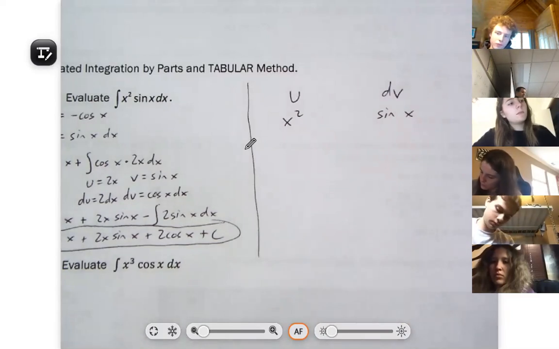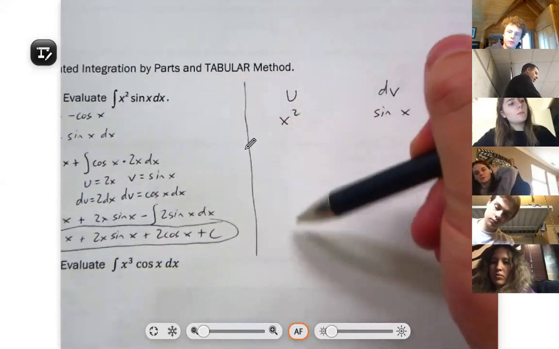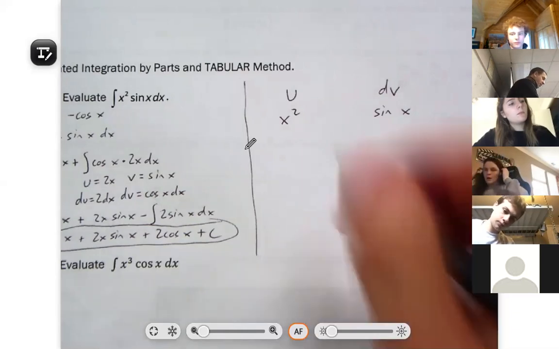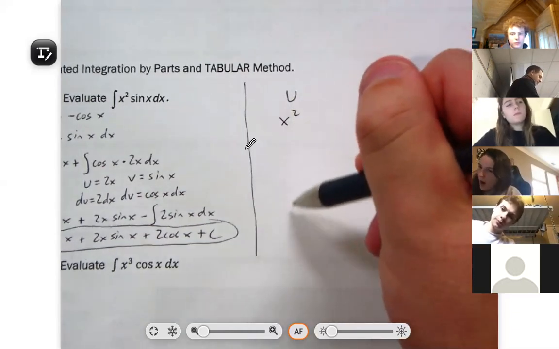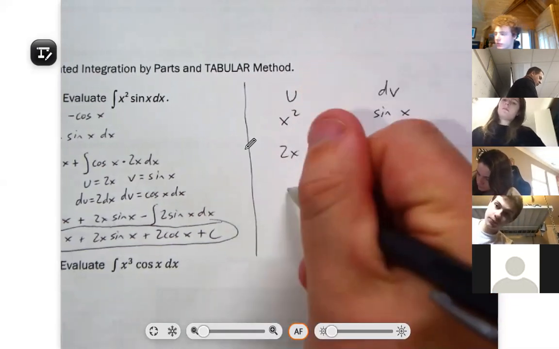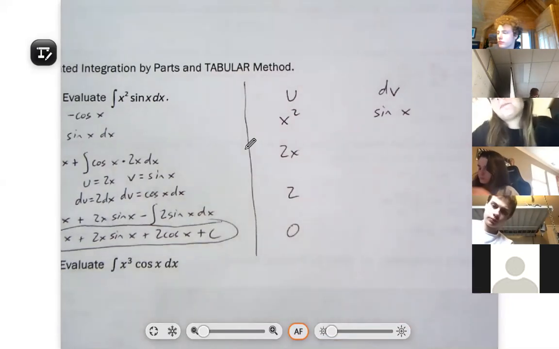And then we are going to differentiate all the way down the u column until we get it to 0, until we blasted it away. So we're going to do the derivative on the left side: 2x, 2, 0. We're trying to reduce it to nothing.